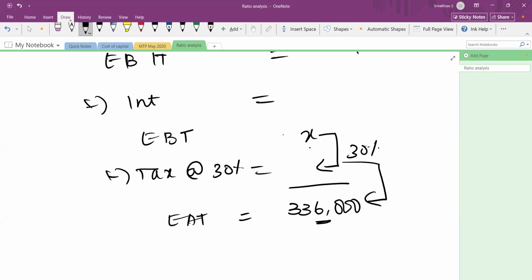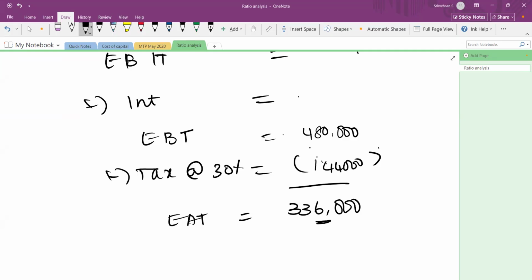So what is EBT now? 4,80,000 is the EBT. Did everyone understand how we got EBT as 4,80,000? Minus tax at 30%, how much do we get? 1,44,000.